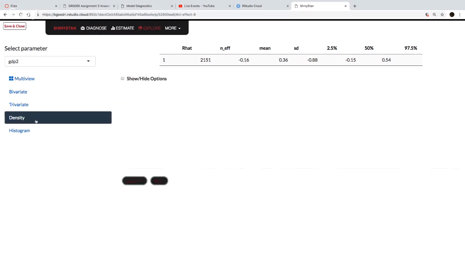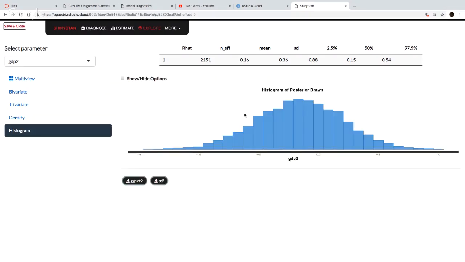And then you can get density plots. You can get histograms of whatever parameter you want just by clicking through all this stuff. Any of these plots you can download as a ggplot2 object, load it up in your own R session, and change the theme to whatever your personal ggplot2 theme is.